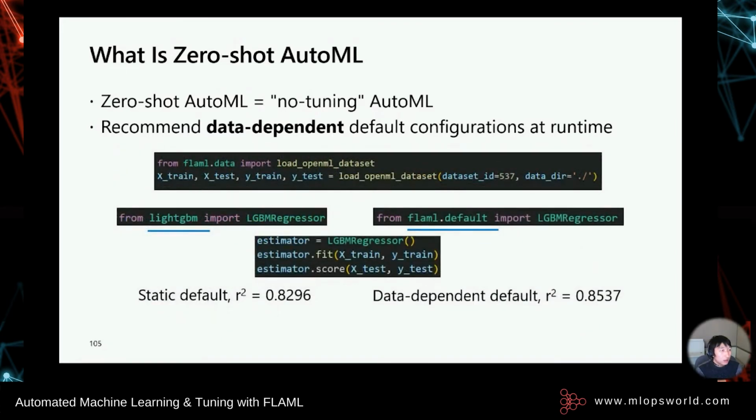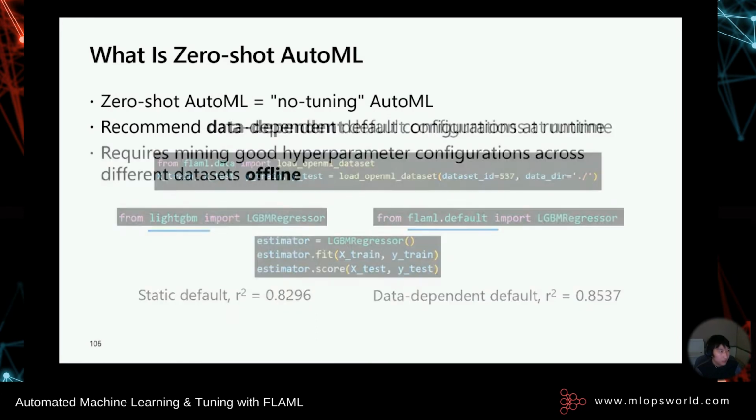When using the LightGBM regressor with the static default configuration, the R-square metric is 0.8296. When using the LGBM regressor with the data-dependent configuration, the R-square metric is 0.8537, much better. Again, the only difference in the code is where you import the LGBM regressor from. The adaptation to the training dataset is under the hood.